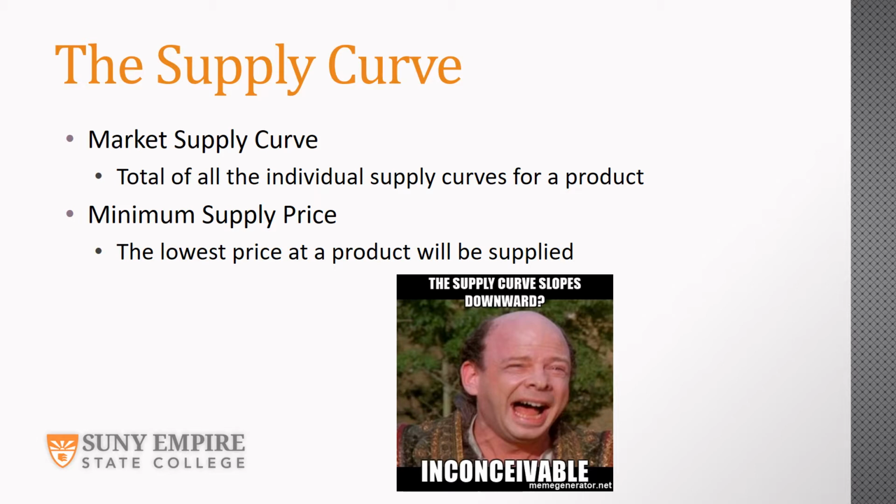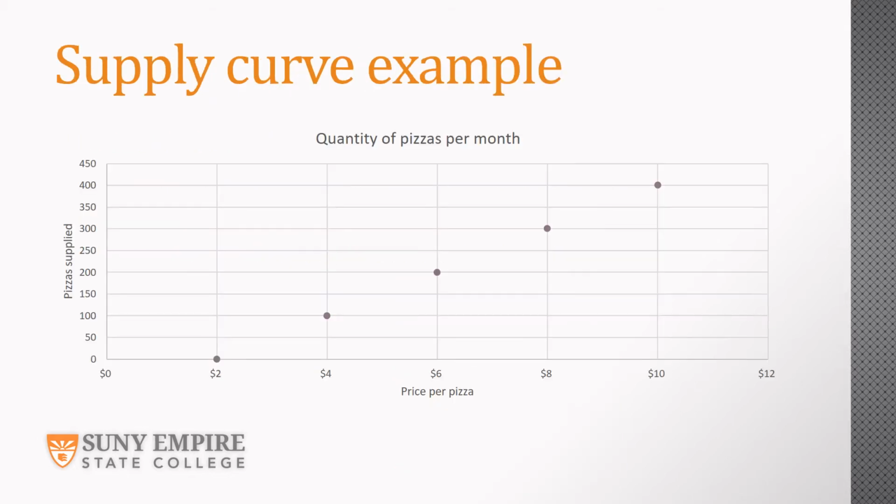As mentioned before, producers have to cover their costs of production, such as raw materials, wages, and other expenses. If the market price is too low, then those costs are not covered, and the company will go out of business. From our pizza example, we get the following supply curve.